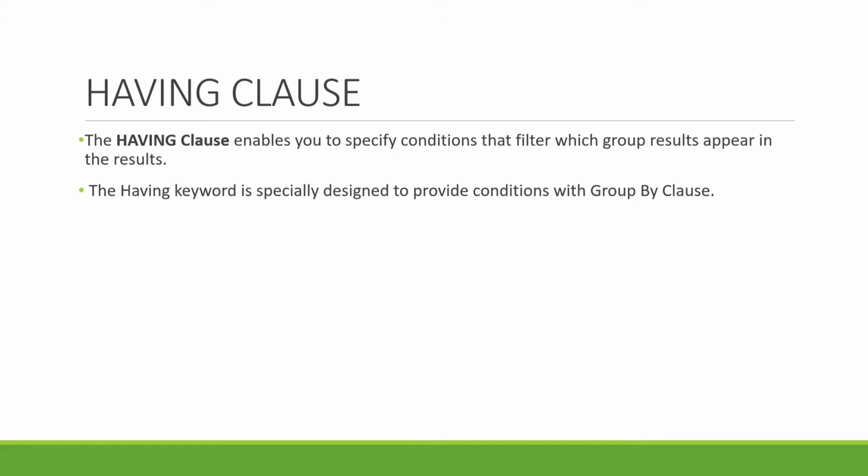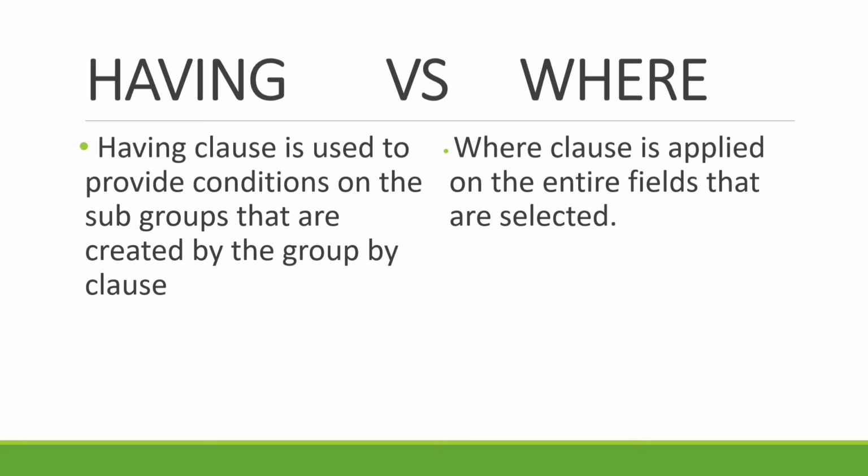Now this is very different from the WHERE clause. You would say that both of them are used to give conditions, but yes, there is a slight difference between them. So let's talk about the difference. The HAVING clause is used to provide conditions on the subgroups that are created in a particular field.